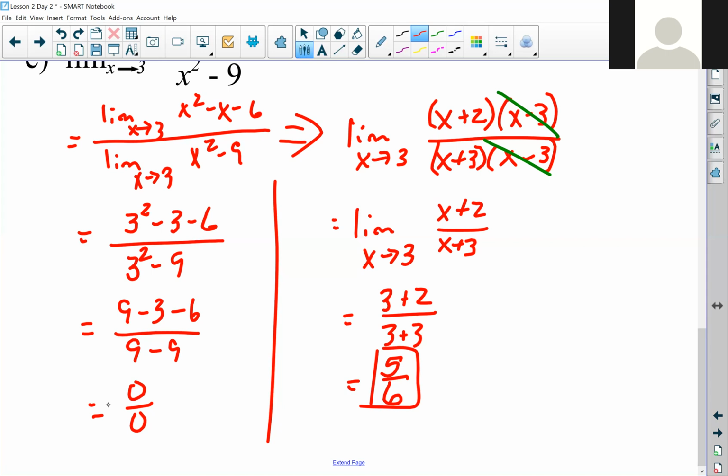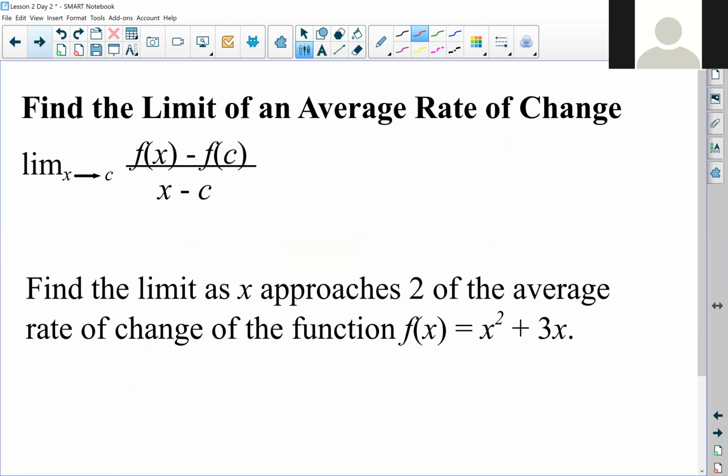And this quotient idea leads to another application, the limit of an average rate of change. So this is used quite a bit. Another way to think about it is slope.